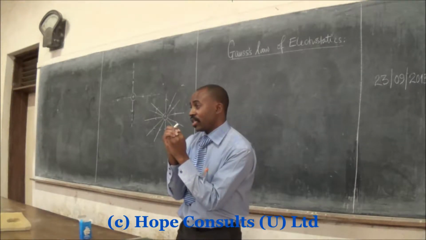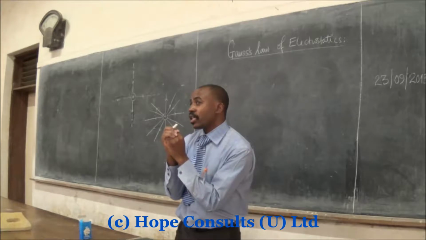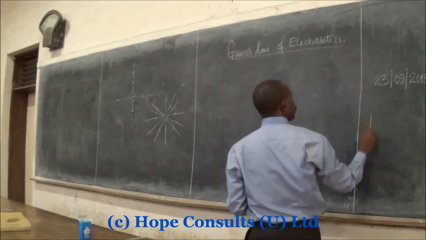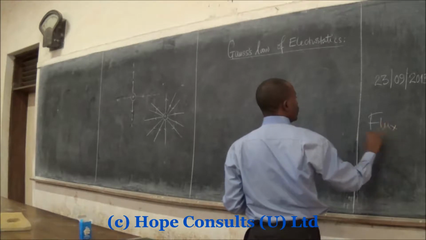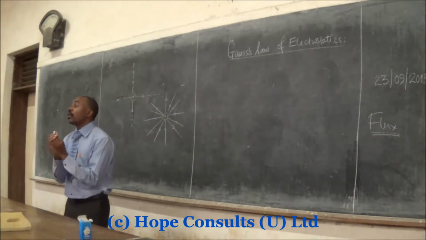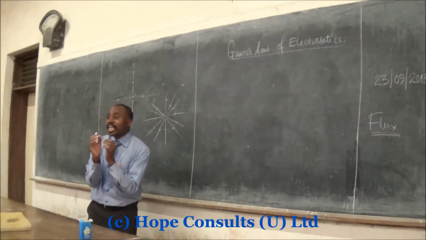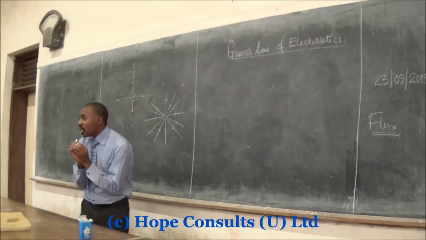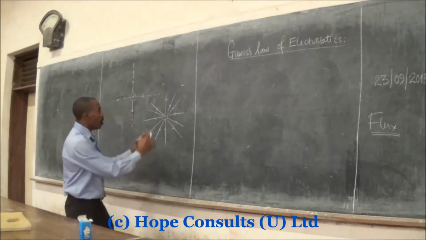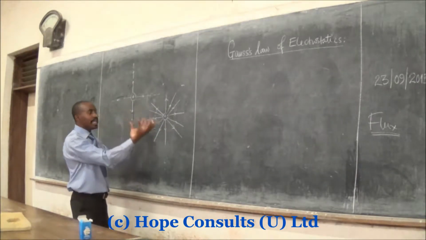Do you realize that? Now if you are concerned about the flux, which is the number of lines per unit area, then the nearer you get to the charge, the bigger the flux. Whereas when you move away, you find you have a big area.